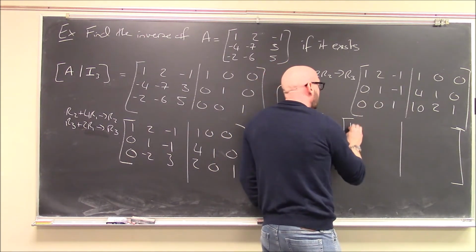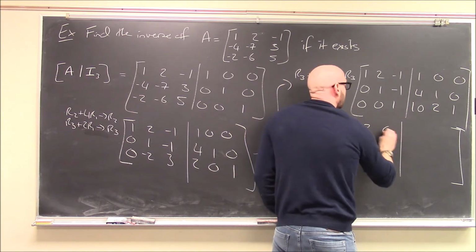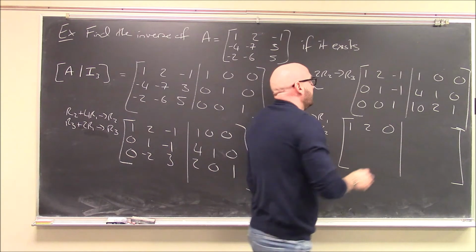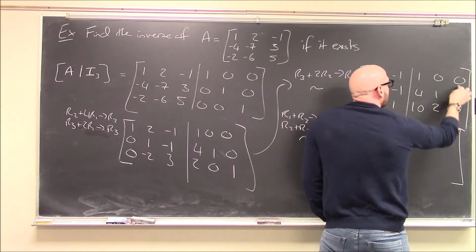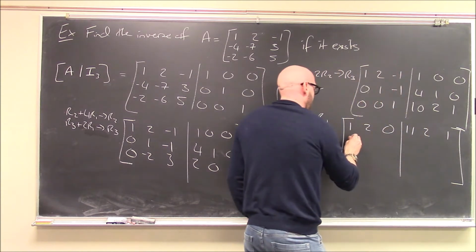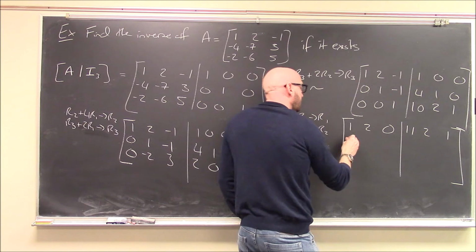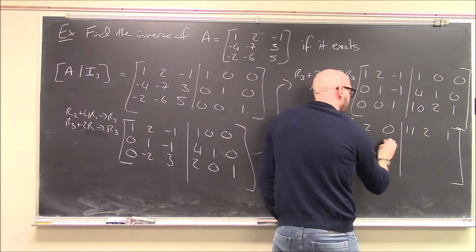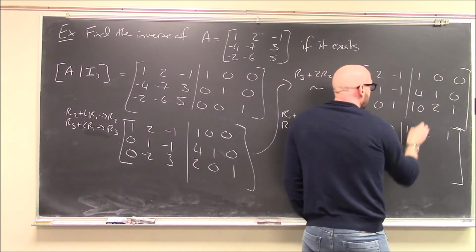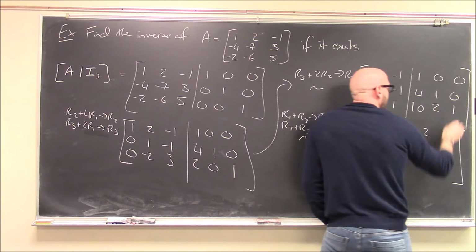1 plus 0 is 1, 2 plus 0 is 2, minus 1 plus 1 is 0, just as I wanted. Then I've got 1 plus 10 is 11, 0 plus 2 is 2, 0 plus 1 is 1. And row 2 we're doing the same thing, we're adding row 3 to row 2, so 0, 1 plus 0 is 1, minus 1 plus 1 is 0. 4 plus 10 is 14, 1 plus 2 is 3, 0 plus 1 is 1.